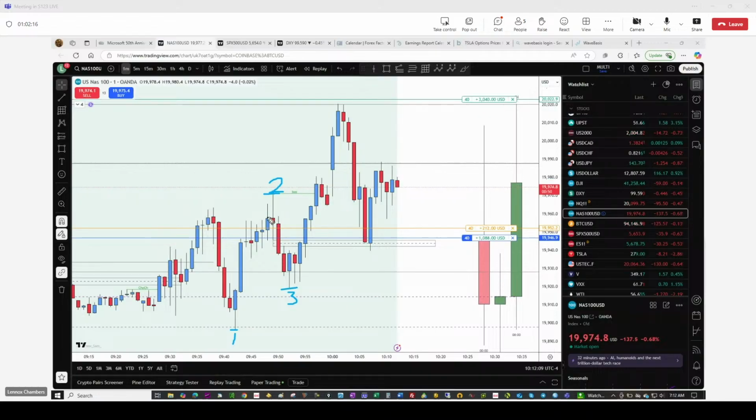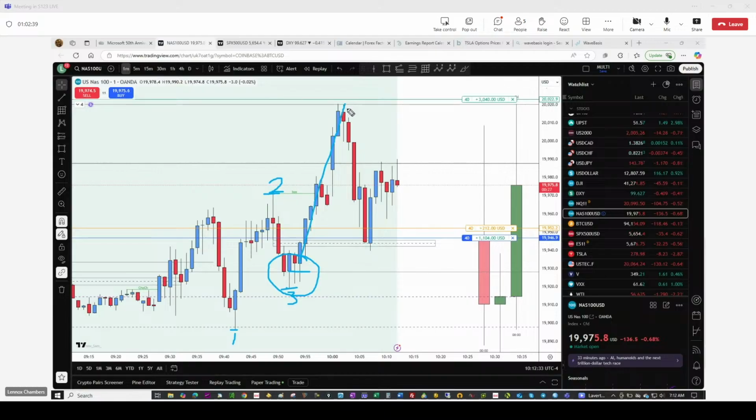That's our 1, 2, 3. And we have a retrace from point 2 to point 3 of around 50%. So in the 50% area, that's where we're looking for our entry. We grabbed that one. So that's the ideal setup, 1, 2, 3 here to go.